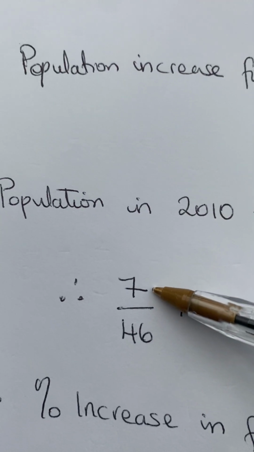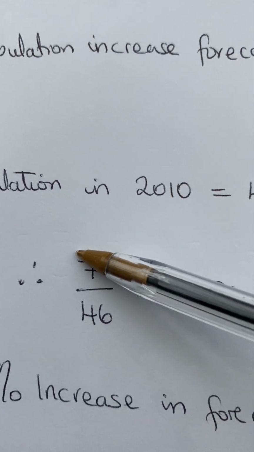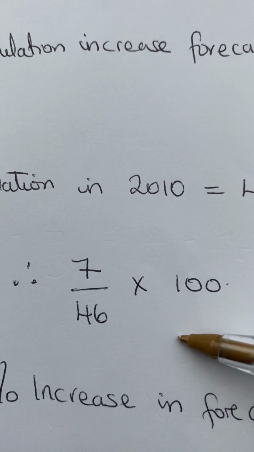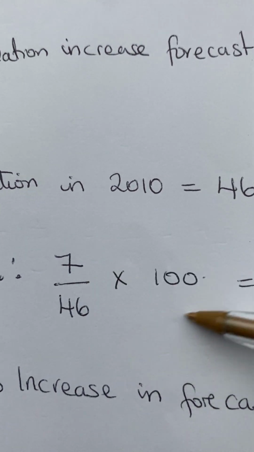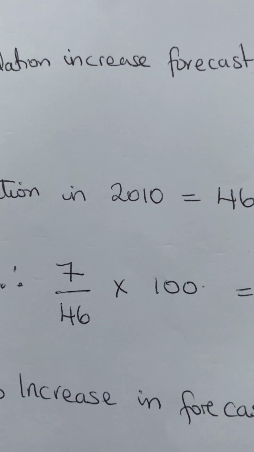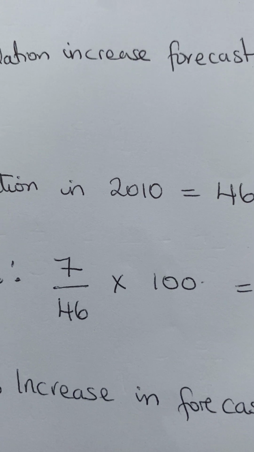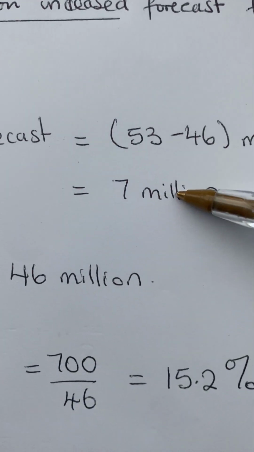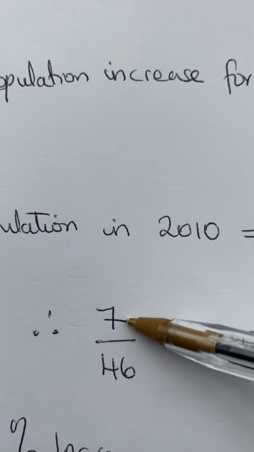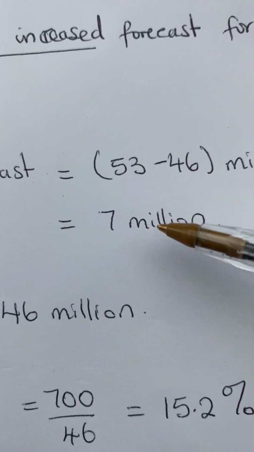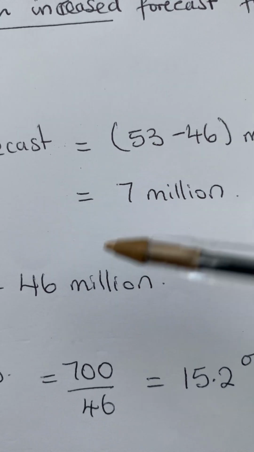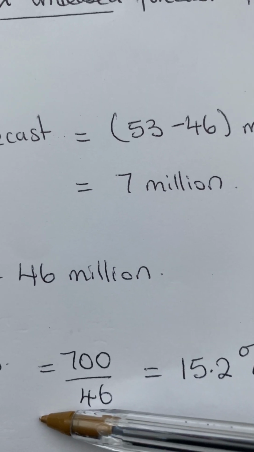But in calculation, instead of writing 7 million over 46 million and writing all those zeros, the millions are going to cancel out. So I don't need to do that. Assuming it were million and billion, then I'd have to write that.